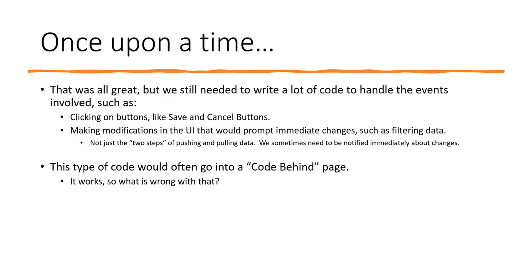Okay, now a lot of that code up to now has been put into our code behind page, and it works, right? So what's wrong with that? Hey, it works. And how many times have I said it? Get it working first, and then come back, revisit, look at enhancements, look at improvements in efficiency and so on, but get it working first, right? So code behind does the job, and you've used it in other classes, with other faculty and so on.